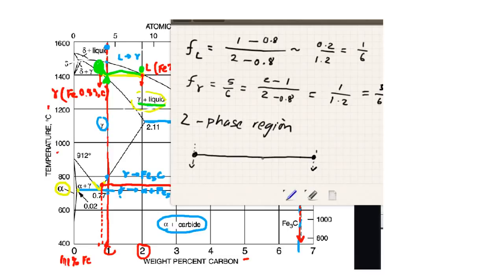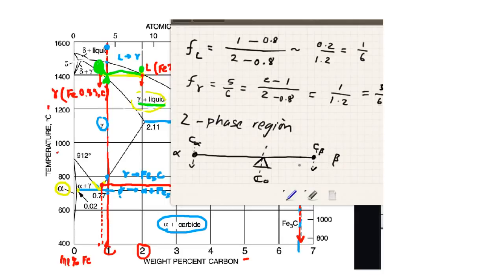So let me just summarize here. In a two-phase region, you have a tie line, and the endpoints of this tie line create a kind of lever, and they run into single-phase regions. You always have single-phase regions on the sides of two-phase regions, and the original composition forms a fulcrum, which breaks the line up into two segments.